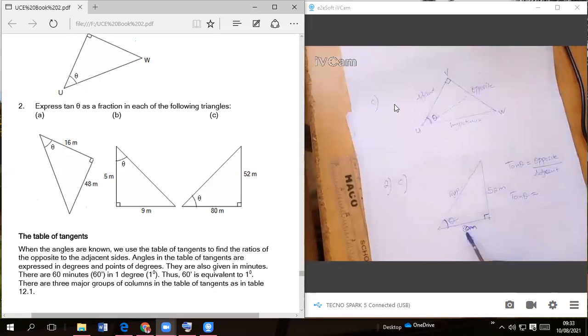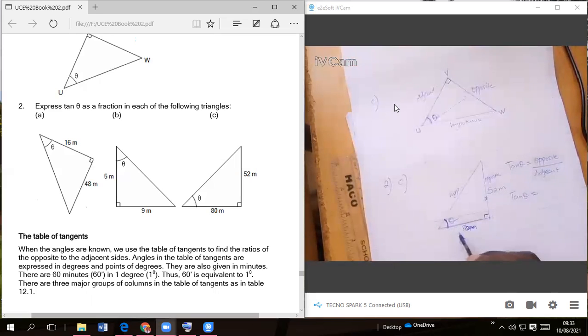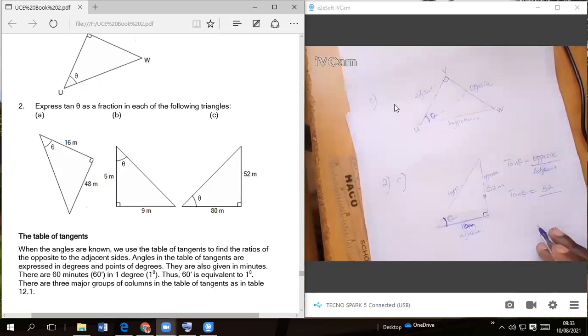And this is the angle. We have this side and this side. One of them is opposite, another one is adjacent. So this side, which is far away from the angle, is the opposite. And this one here automatically becomes the adjacent. So the opposite is going to be 52 out of the adjacent, which is 80.